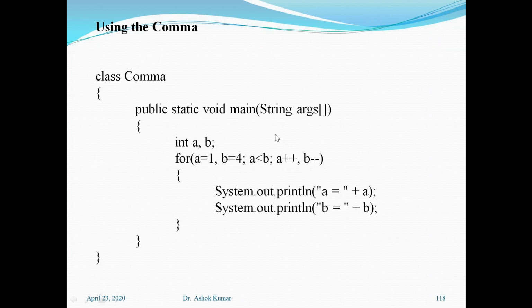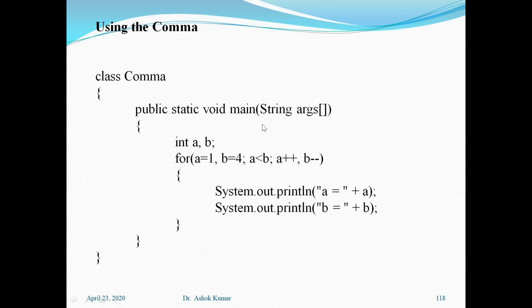And after that, it will jump to the conditional part, and this time this condition will evaluate to false because the value of a is 3 and that of b is 2. So 3 less than 2 will evaluate to false, so this loop will terminate and the control will come out of this loop.